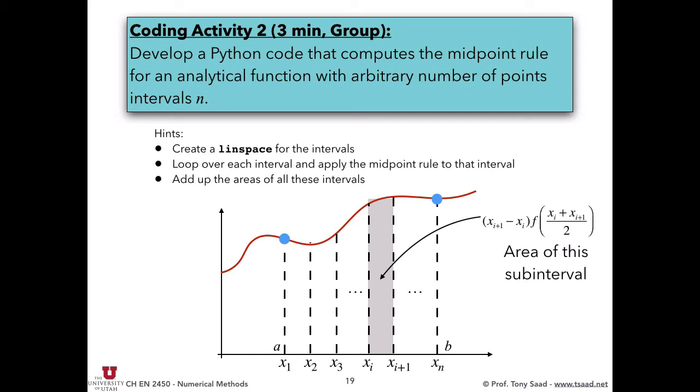So that gives us these points, x1, x2, x3, all the way to xn. Now we just loop over the segments. These segments, we call them segment 0, segment 1, segment 2, all the way to segment n. For each segment, all we have to do is know A and B locally for the segment, and f of A and f of B, and then we apply the formula. Okay, so let's see how this is done.